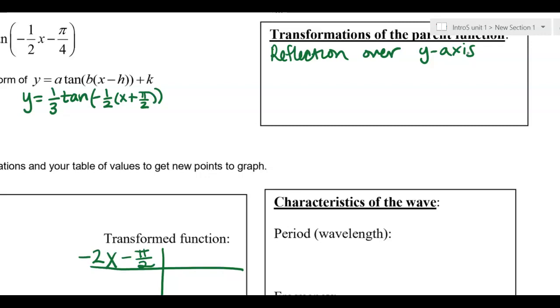Close, but horizontal, because it's happening to x. Because the distances are actually getting multiplied by 2, even though there's a 1/2 in the equation, they're getting stretched. And then the minus pi over 2, like we said, would shift us to the left pi over 2.